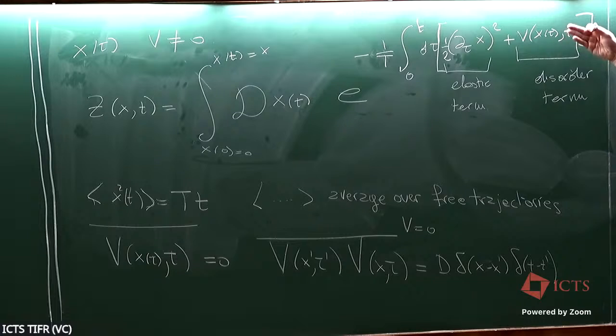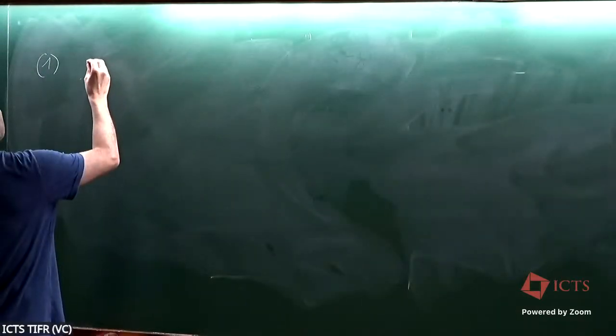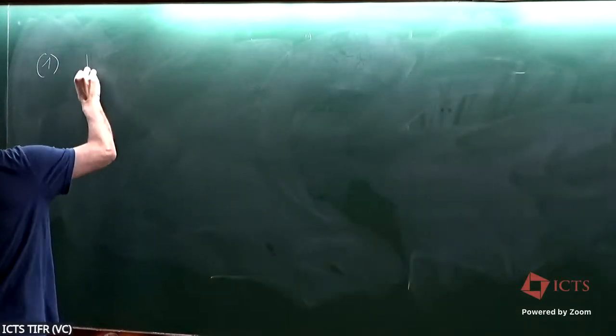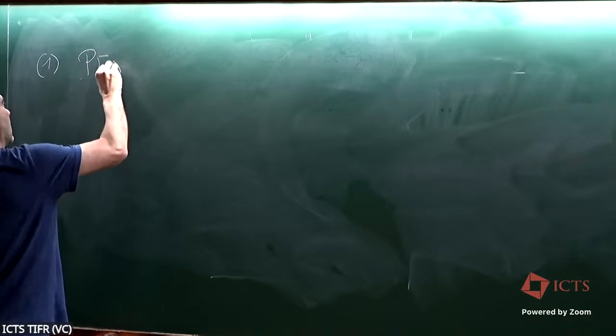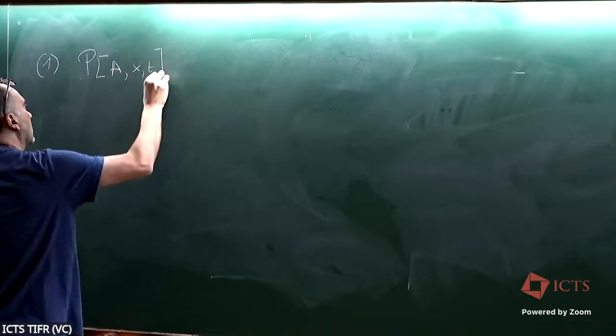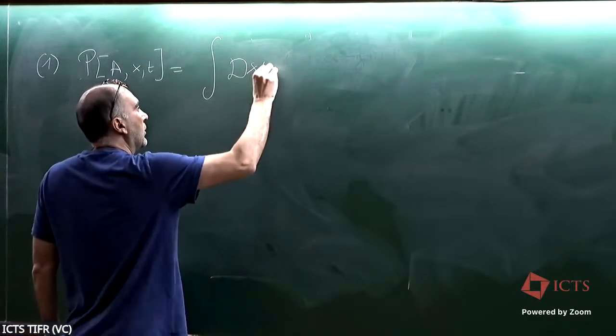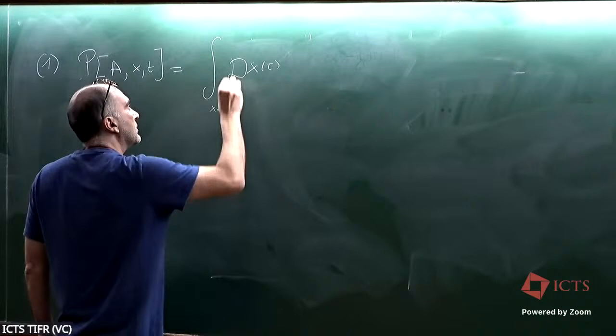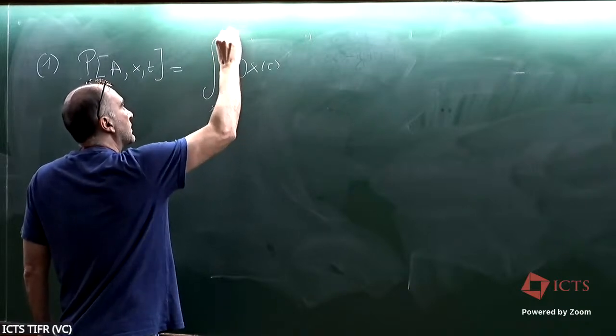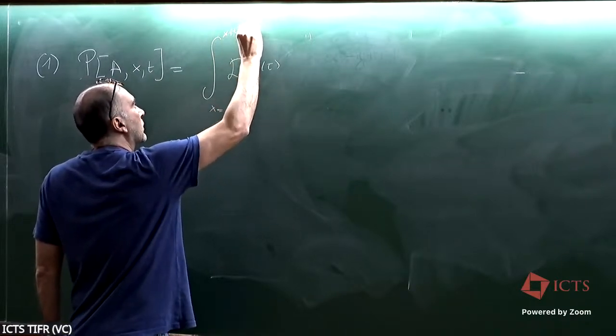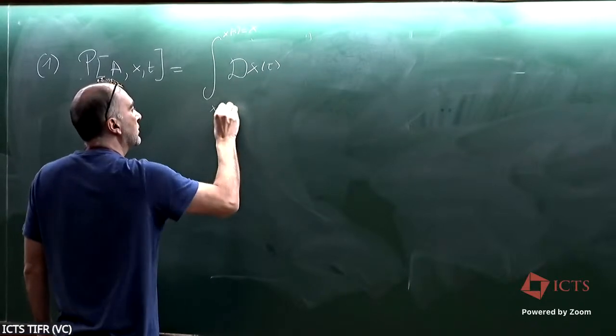We don't want to work with V. So to remove V in a simple way, we introduce a new quantity that I call A(x,t), which is the path integral over the free paths x of t equal x and x of 0 equals 0.